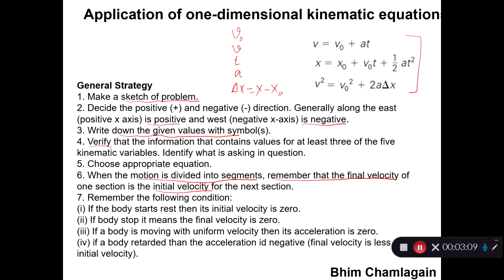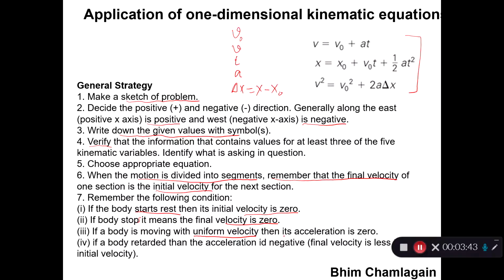And there are certain things you have to remember. If a body starts from rest, then its initial velocity is 0. And if a body stops, then its final velocity is 0. Similarly, if a body is moving with uniform velocity, uniform means same, then there is no change of velocity.